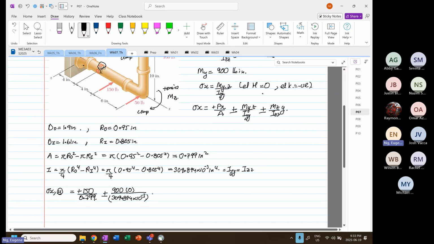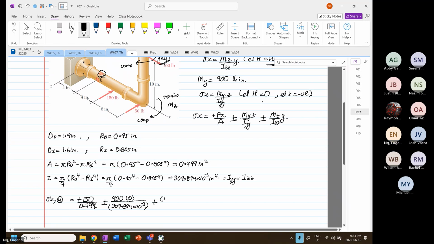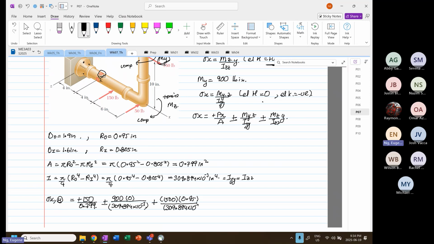So plus 1500 multiplied by the radius and then divided by 309.894 times 10 to the power minus 3. So this will be equal to 150 divided by 0.799, which is 187.735, positive.